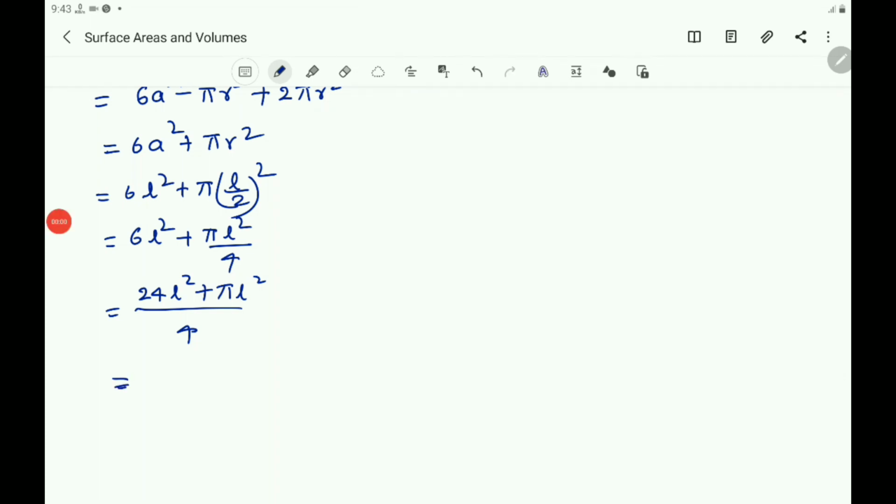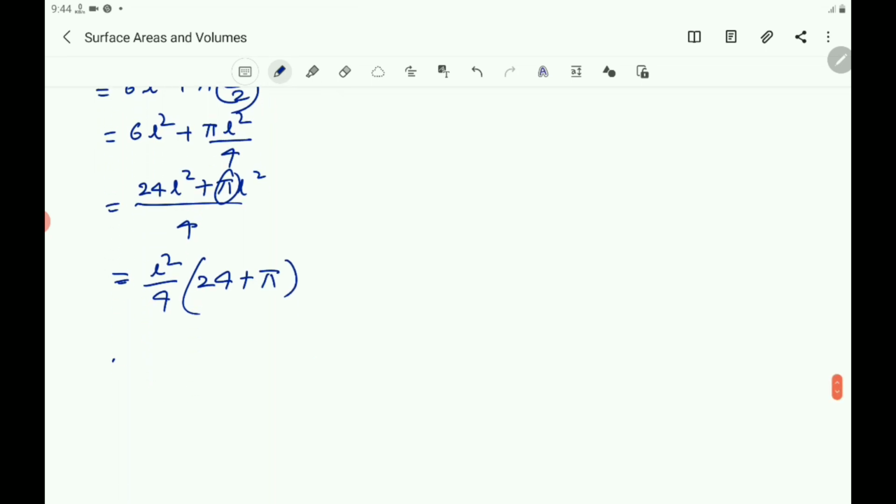That equals, then you remove L square common, L square by 4 outside. In the bracket, 24 is remaining here, plus pi is remaining. 24 plus pi.